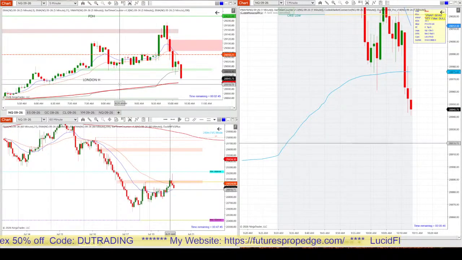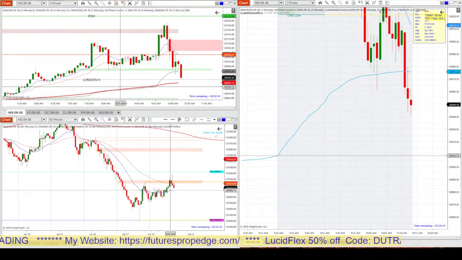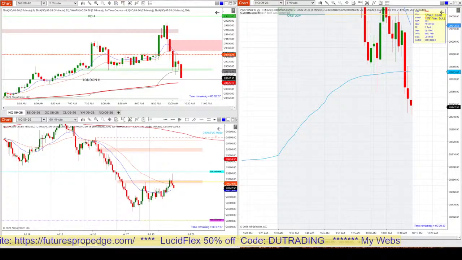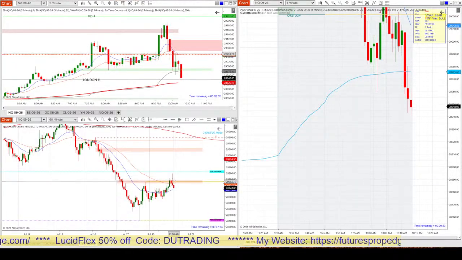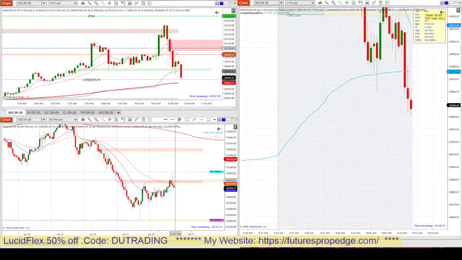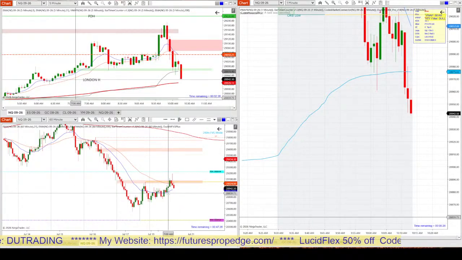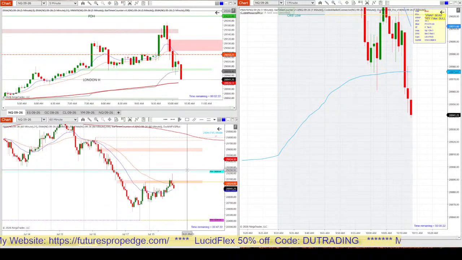I could see 28,900 happen because the hourly candles are looking rather ugly coming down. Yeah, I can see 28,900.